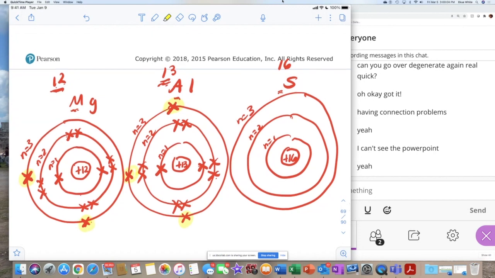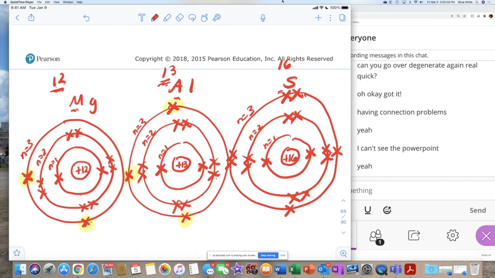Then finally, we have sulfur. Sulfur has 16 electrons. The first 2 go on energy level 1, the next 8 on energy level 2. 1, 2, 3, 4, 5, 6, 7, 8. Okay, so 2 plus 8, I've placed 10. I have to put 6 more. 1, 2, 3, 4, 5, 6.